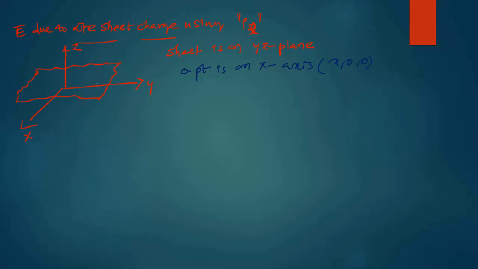Now in the previous case, what approach did we follow? We took the xy plane, we reduced the x variable, taking differential x element dx, and we took differential y element dy.